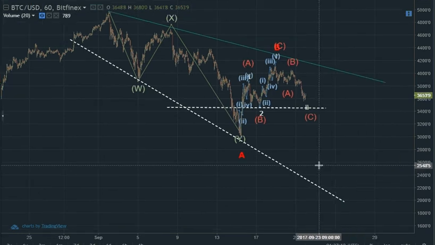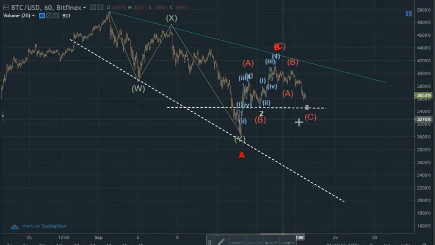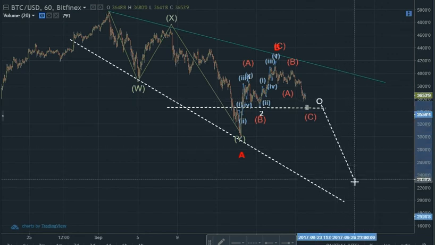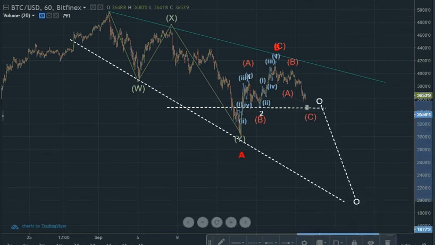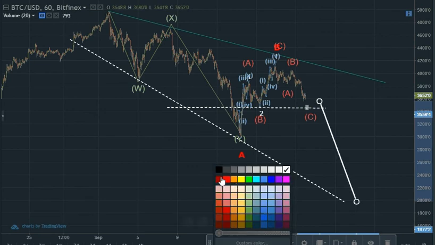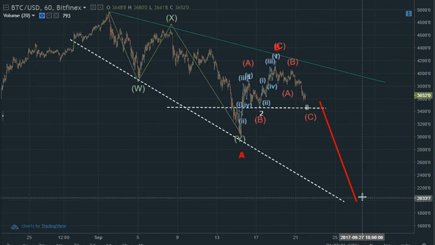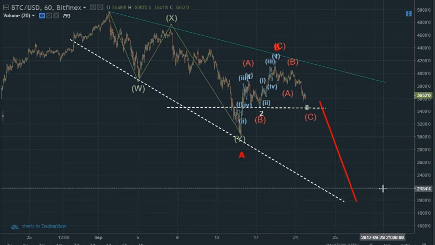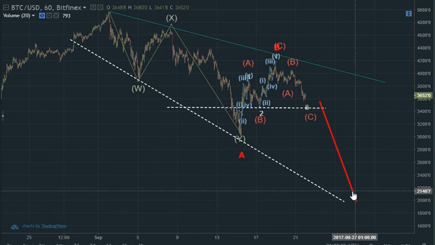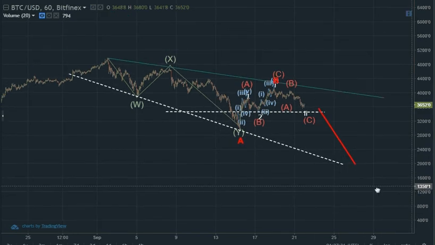But if prices do hit $2,000, that would be a very, very attractive entry. That would be a phenomenal entry.